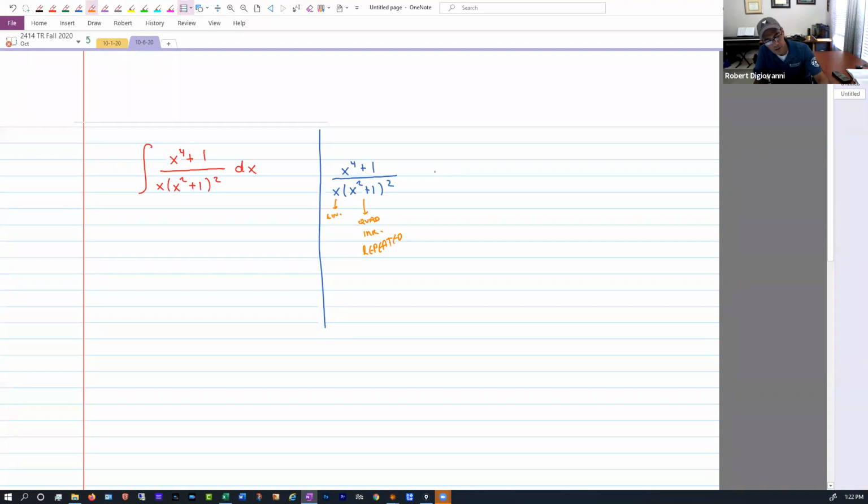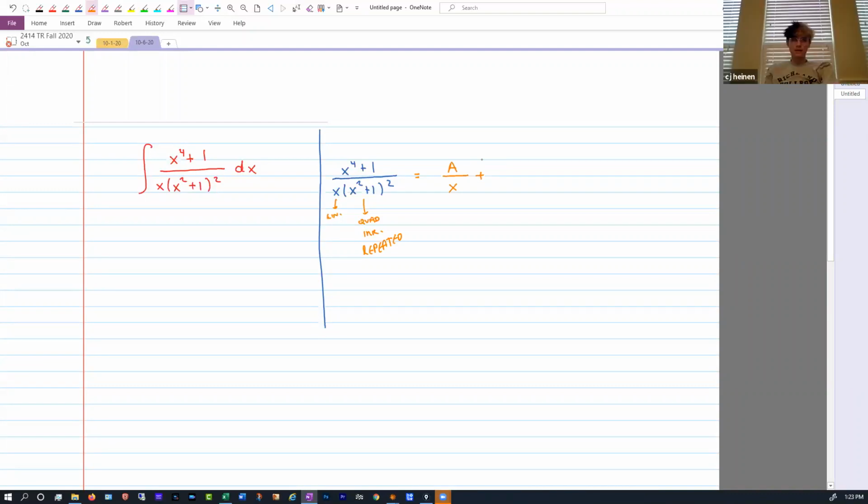So that means over here, I'm going to need, first of all, a letter over my linear factor, A over x, plus now what? bx plus c. Okay, so a linear expression over x squared plus 1.